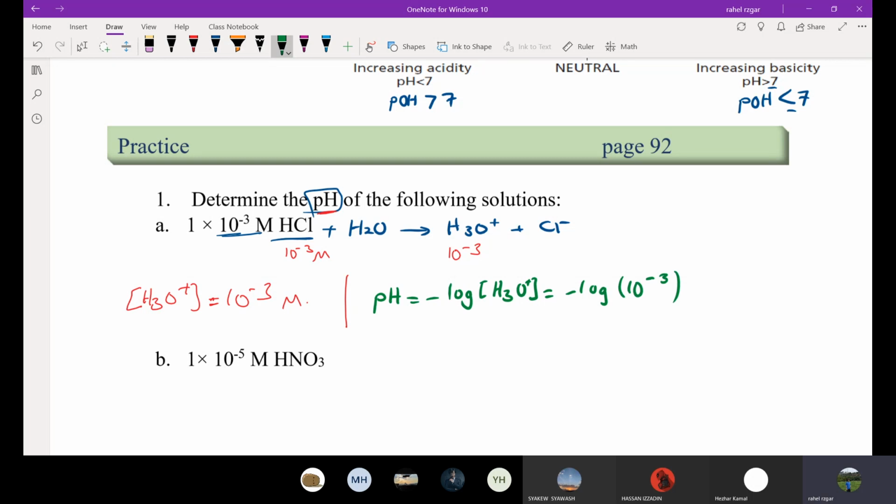Without using a calculator also, log and 10 will cancel each other. It will become minus minus 3, it will become 3. So pH of this solution, which is 10 to the minus 3 molar HCl, is 3.